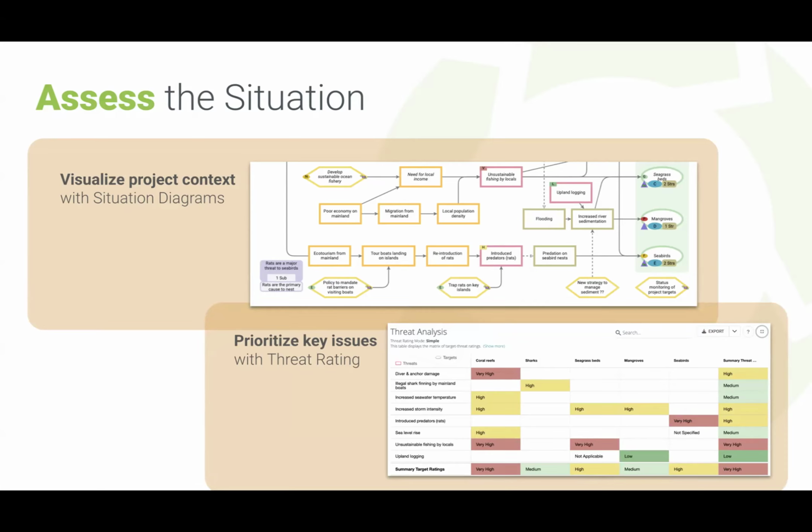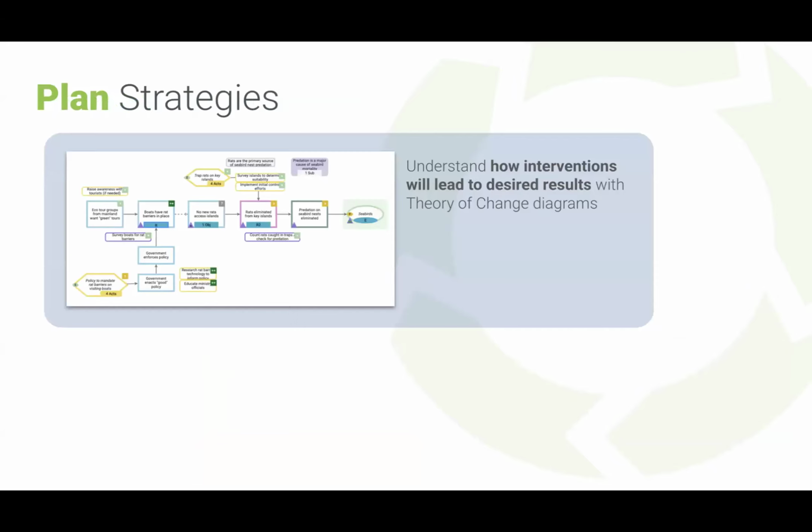It's actually building the database on the back end for you so that you can do a lot more useful analysis and work with it, such as rating the impact of your threats, which are listed here, the pink boxes, on your targets, your conservation targets, which are across here in the green ovals up here. So you build the diagram, but then you have all these other tools that you can use in order to manage your data, do analyses, etc.